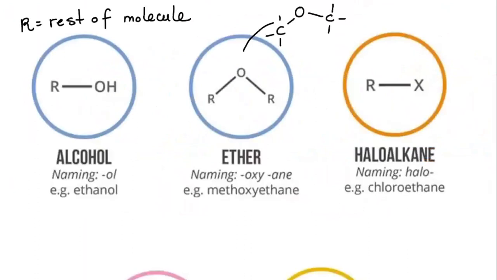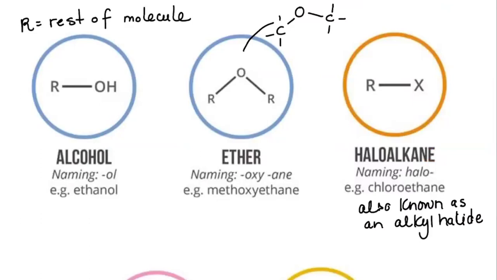Then we have a haloalkane, which is also known as an alkyl halide. So when it comes to an alkyl halide, that R is going to represent a carbon chain.